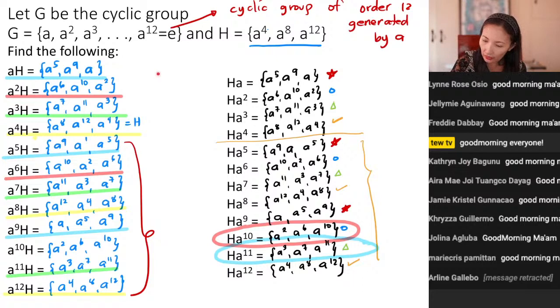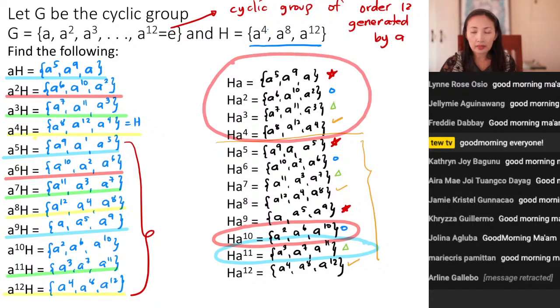AH, HA. Okay. Pareho. And this 4, okay, let me encircle the first 4 right cosets. Okay. If we take the union of these sets, take note we are talking of sets. If we take the union of these sets, then the set that would be generated, in fact, is G.